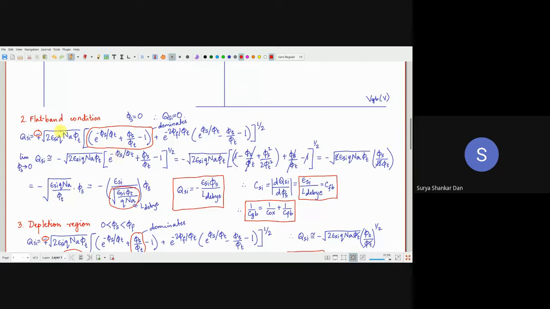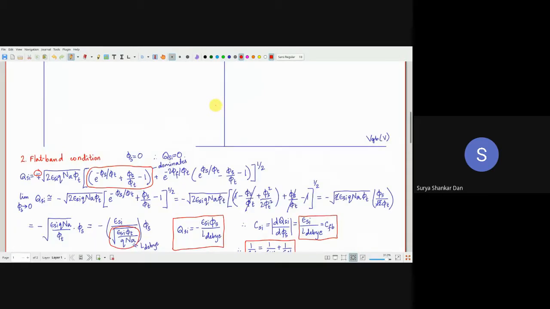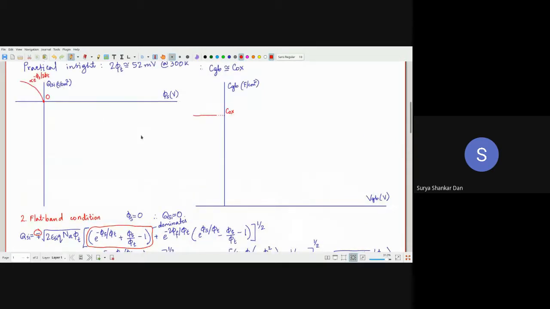By the way, in the flat band condition, we know that this part is dominating. Why? Because phi s, even though it is very close to 0, is gradually reaching 0. So in this entire discussion, even in the previous lectures, we have seen that we are gradually increasing the surface potential phi s. This is a surface potential based modeling.